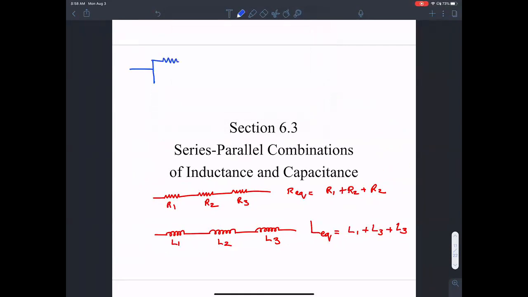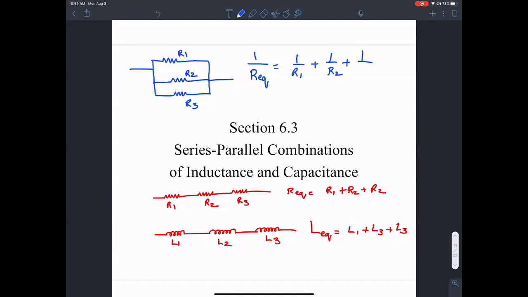When I have 3 resistances connected in parallel, R1, R2, and R3, the equivalent resistance, 1 over R equivalent, is dictated by this relationship: 1 over R1 plus 1 over R2 plus 1 over R3.